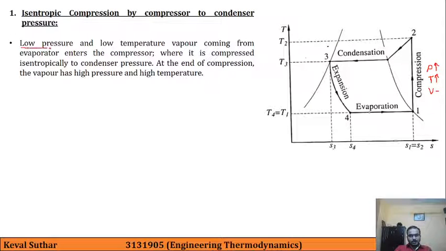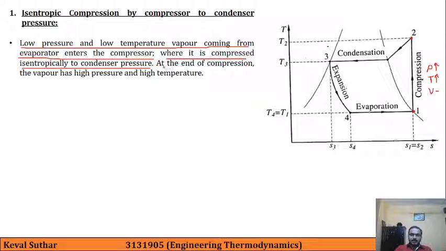So here low pressure and low temperature vapor coming from evaporator enters the compressor, where it is getting compressed isentropically to condenser pressure. So it is coming up to a point where the pressure is condenser pressure. At point 1 it will be evaporator pressure, and at point 2 it will be condenser pressure.